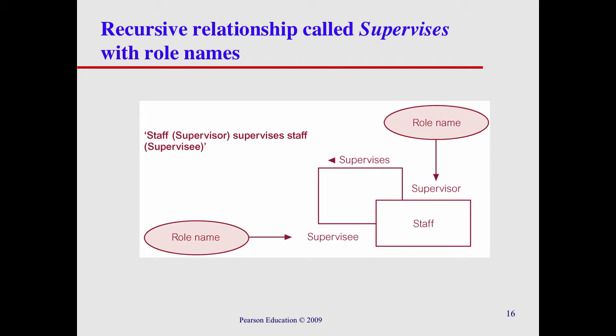And you name the relationship like you did before, but then on both ends of it, you name the two different roles. So the supervisor is one role, and the other role is supervisee. Whereas normally you don't put in the names of the roles because it's obvious. But with a recursive relationship, you kind of have to name what the two different roles are.